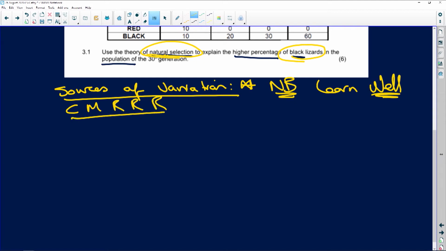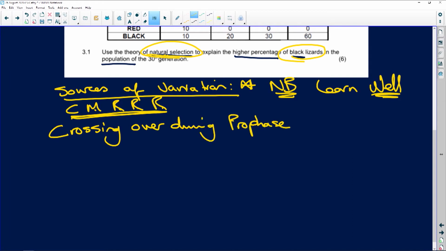Remember, CMRRR. Okay? The C is for crossing over during prophase 1 in meiosis.